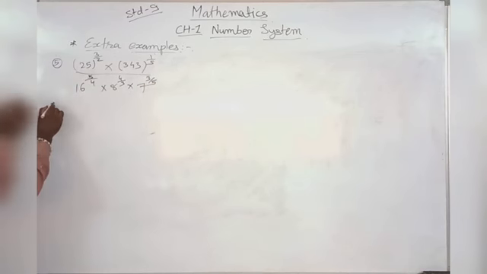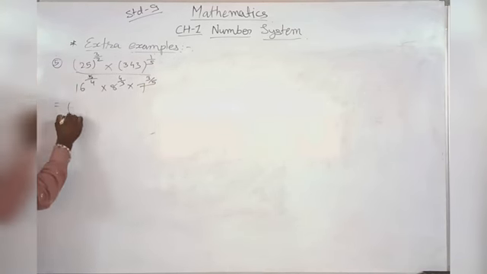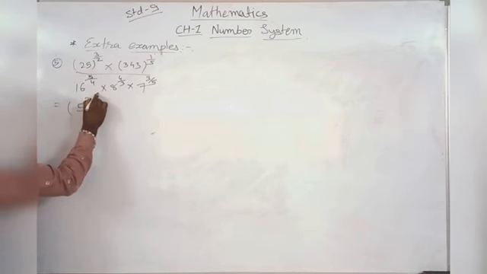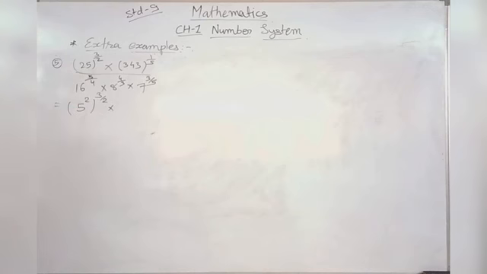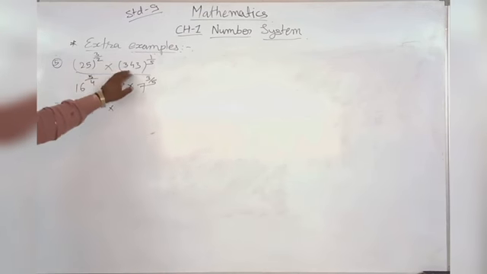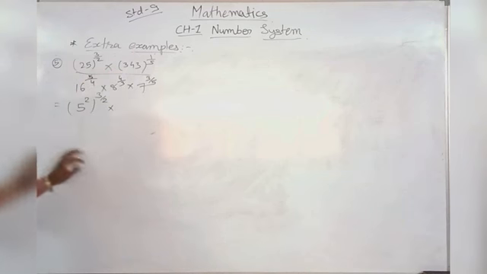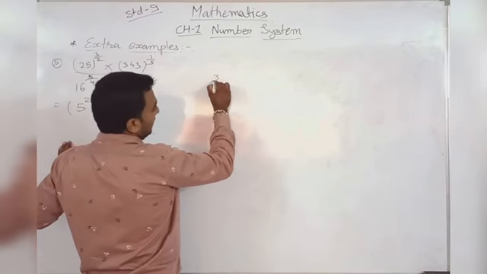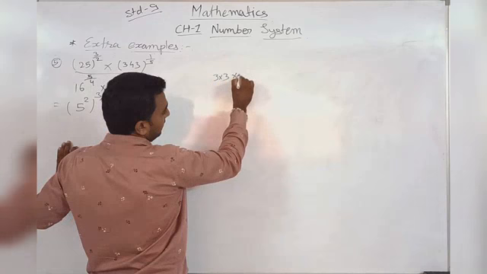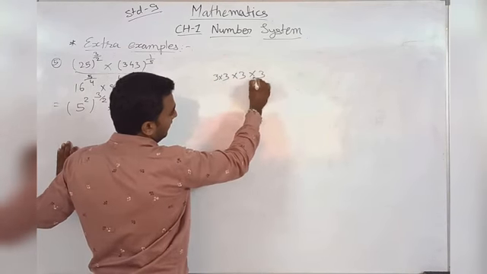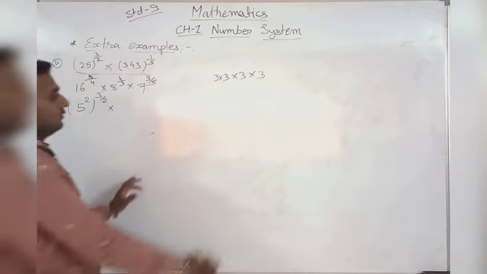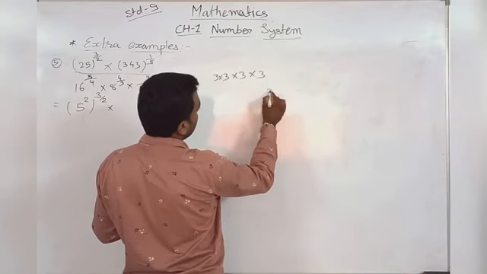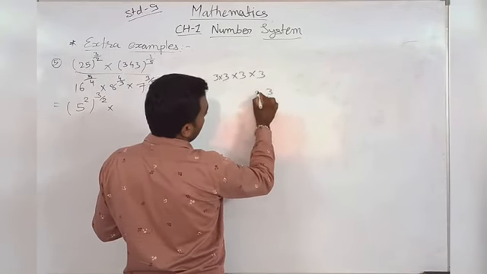See here, now we simplify this one. We know that this is 5 squared and its power is 3 by 2. We have to check whether this is a multiplication of 3 up to maybe 5 times. So see here: 3 threes are 9, 9 threes are 27, 27 threes are 81, then 81 threes are 243.